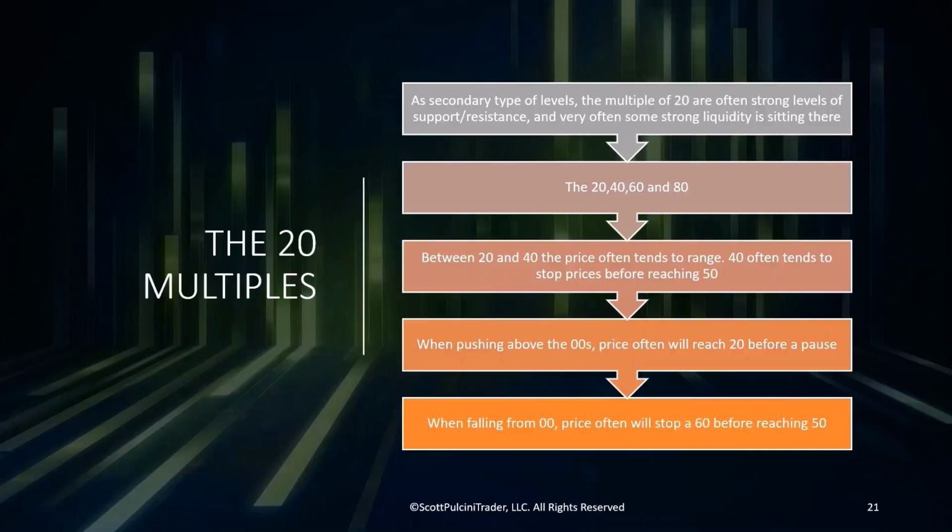So the secondary type of levels are the multiples of 20s. They are often strong levels of support and resistance, and very often strong liquidity sits on the 20s, the 40s, the 60s, and the 80s. Between the 20 and 40, oftentimes you'll see the price tends to range.